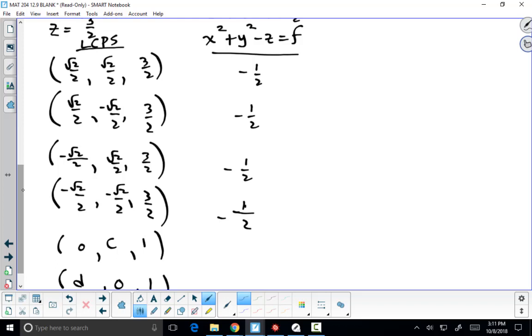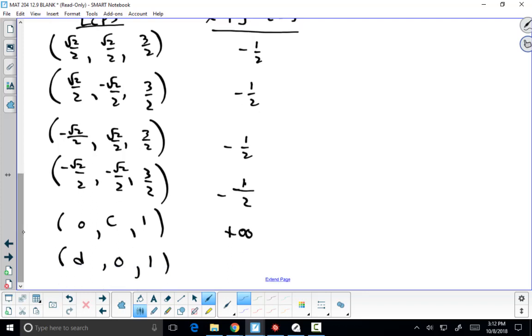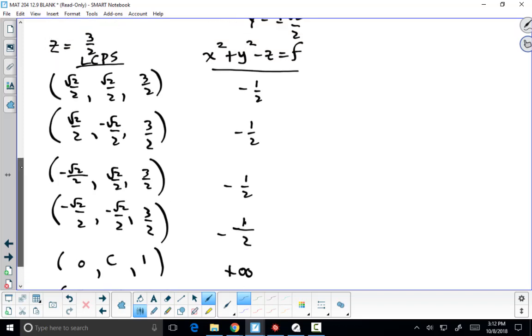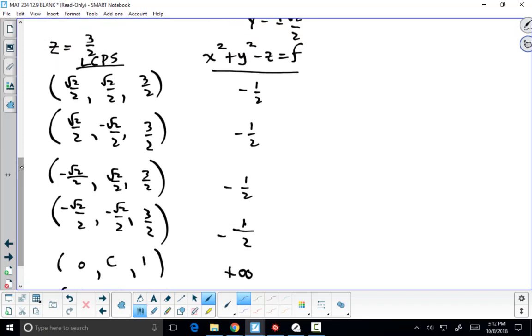So doesn't this sort of go up forever? Do you agree? If c is a constant, so if c can be any y value, this can be as big as we want, and so this is going to go towards plus infinity. And similarly, this is going to go towards plus infinity, not minus infinity though, right? Do you agree?